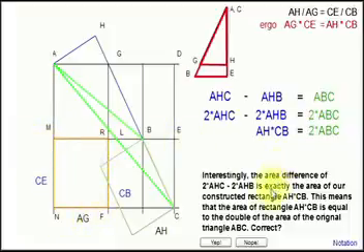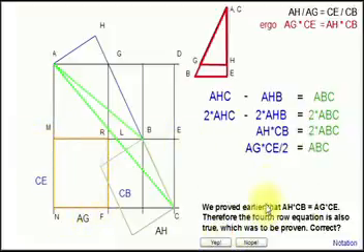it must also be the case that the half of the rectangle AG times CE, which is this one, is equal to ABC, which is our original triangle.